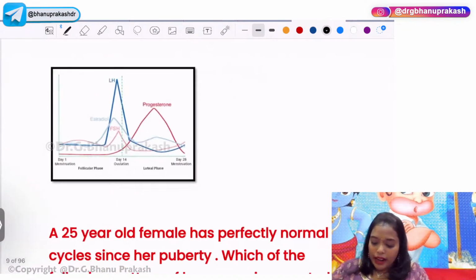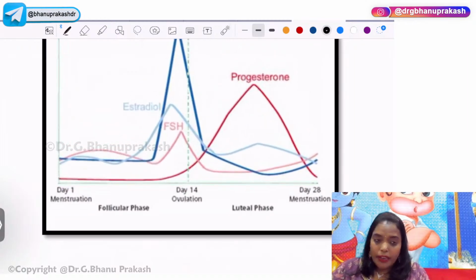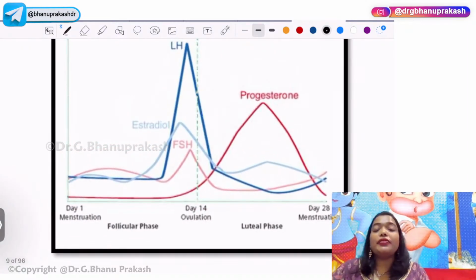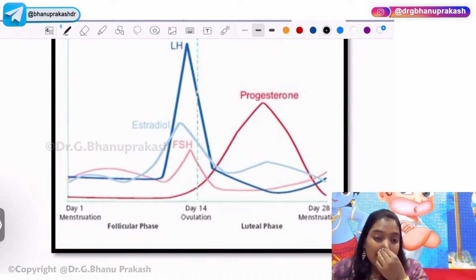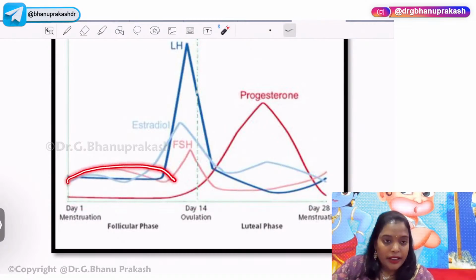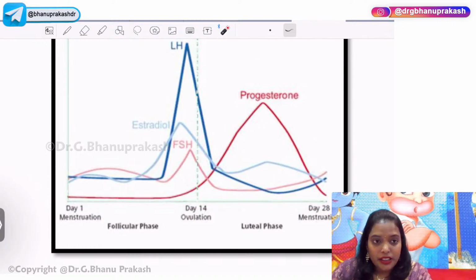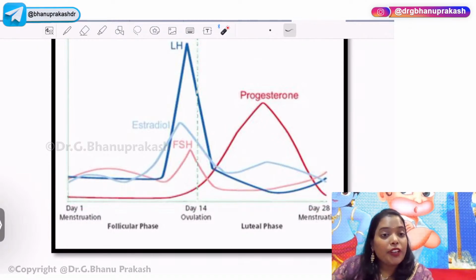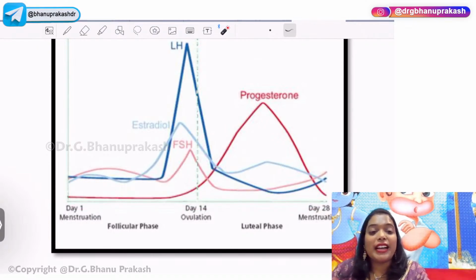Now regarding the graph, in the first half of the menstrual cycle, it is FSH which is important, because FSH is responsible for the recruitment of the follicles and selection of the dominant follicle. So in the first half FSH is high. In the second half, among the gonadotrophins, we mainly have the LH. At the time of ovulation, you'll have both FSH surge and LH surge.